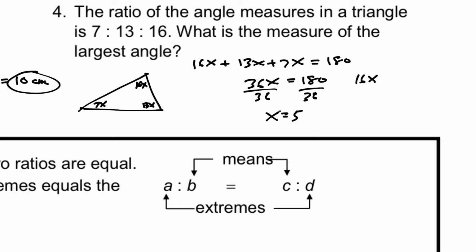And then I want to take my 5 that I found and plug it in right there. So I'm going to do 16 times 5, and I get 80 degrees. That would be my largest angle in the triangle.